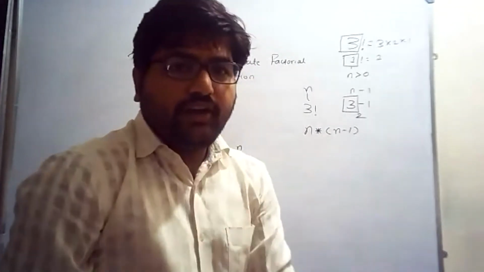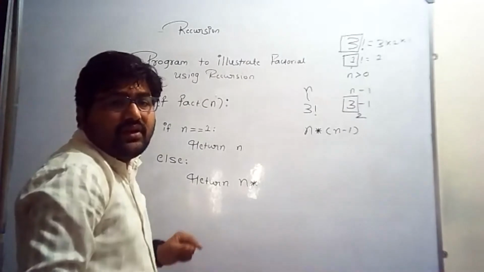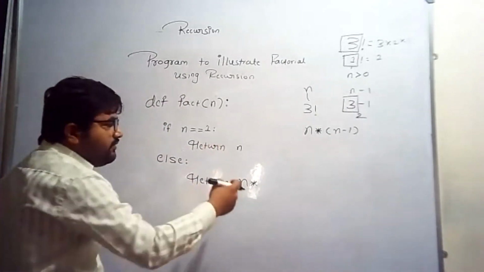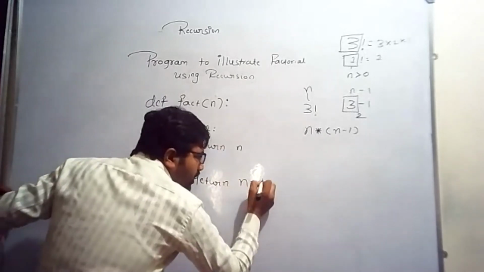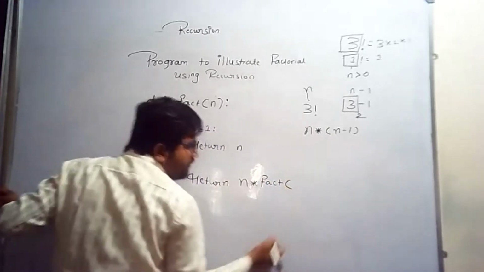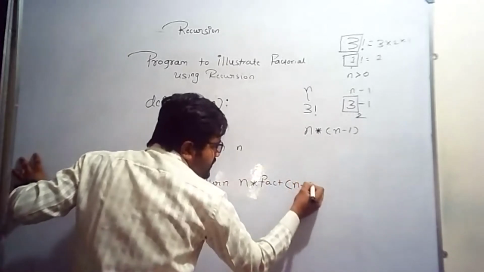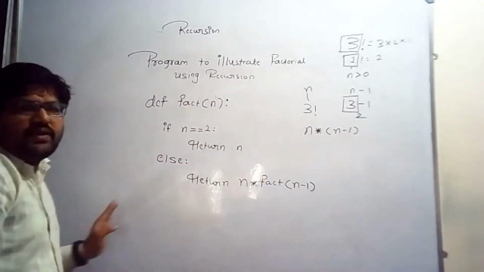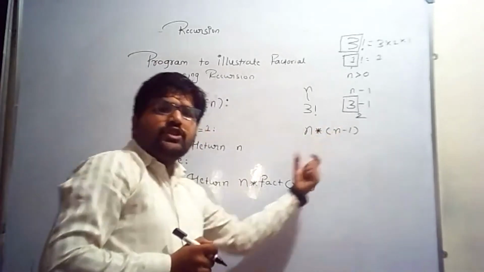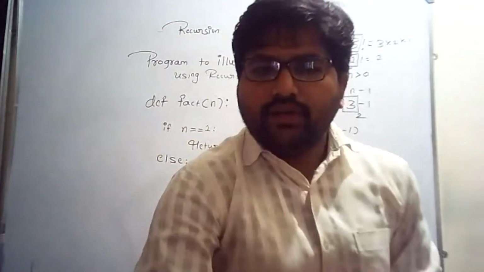According to the recursion condition, I am going to call this function within its own body. So fact of n minus 1. Is this logic correct? Clear?